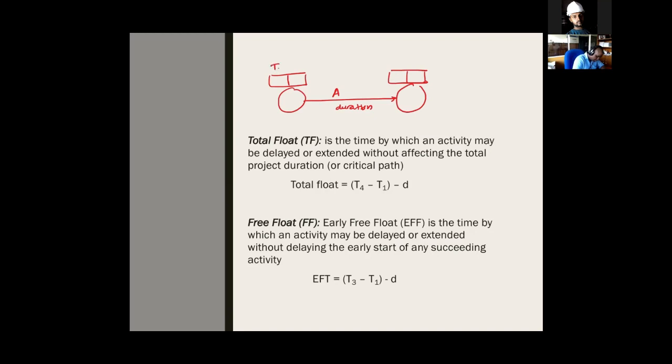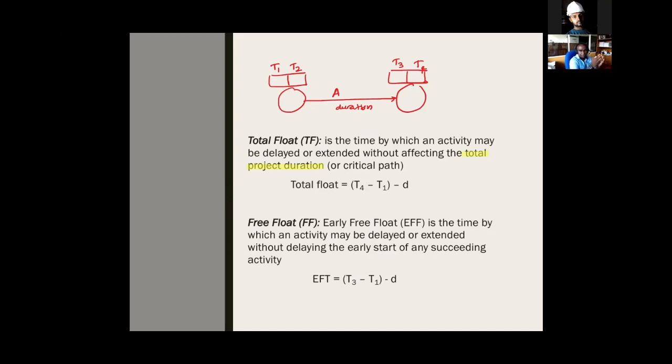This is T1, T2, T3, T4. Total float is the amount of time that we can delay without affecting the project duration. Without affecting the project duration. Total project duration.